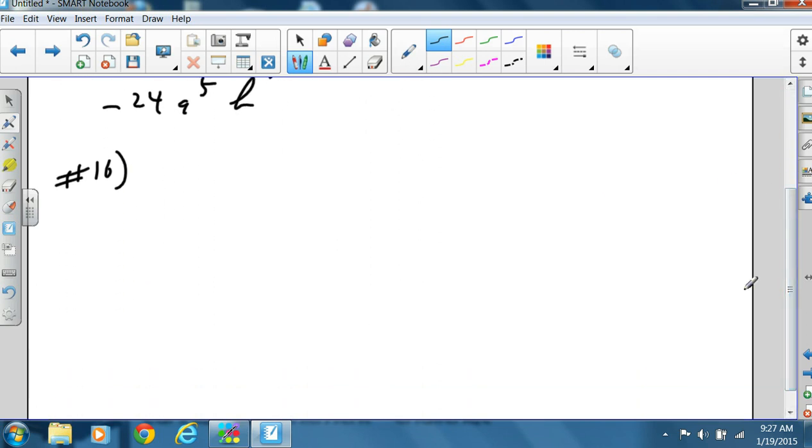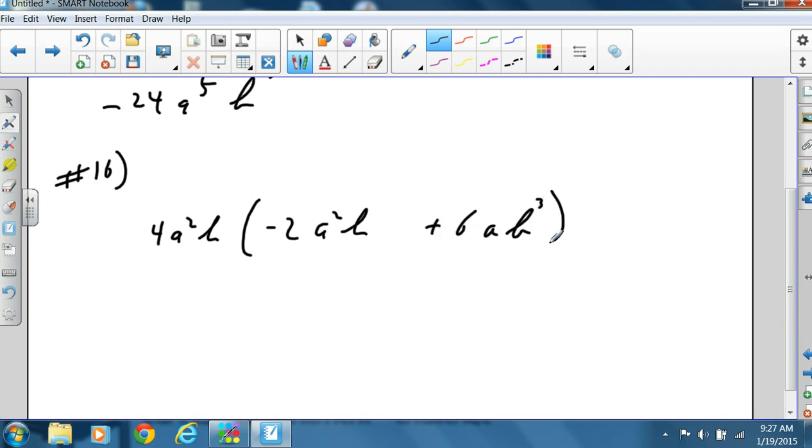Maybe I'm just having mini strokes up here, I don't know. 4, a squared b minus 2 a squared b plus 6ab cubed. All right, so I got a minus 8, I got an a to the 4th b squared, I got a 24 a cubed b to the 4th. So I'm going to have two terms when I get done, so there's nothing I can do about that.